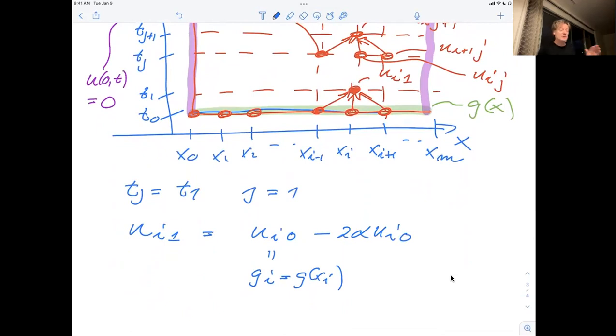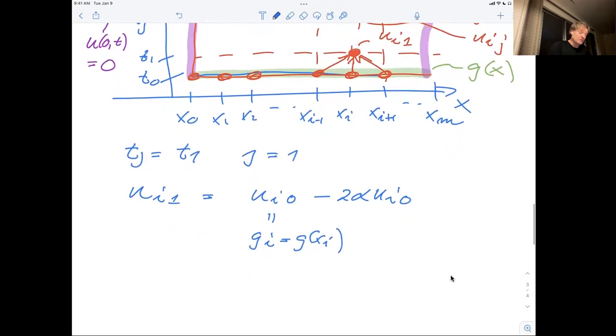And we have to be a little bit careful, because for some values of I, some of these are defined by the boundary conditions as well. So when I is equal to 0, and when I is equal to the last point, n, then these functions have to be set to 0. So you have to be a little bit careful here when it comes to the application of the boundary conditions. Plus alpha times u of I plus 1 of 0 plus alpha times u of I minus 1 of 0.